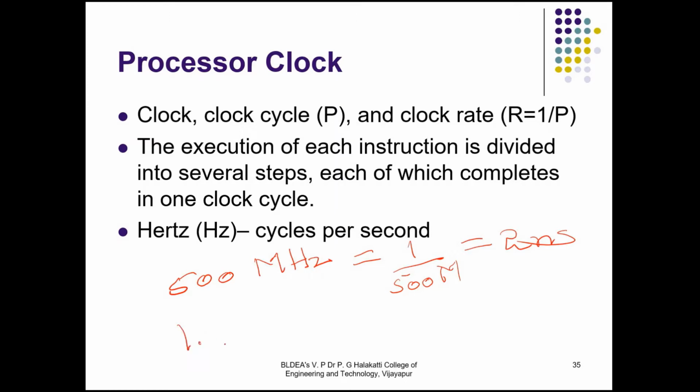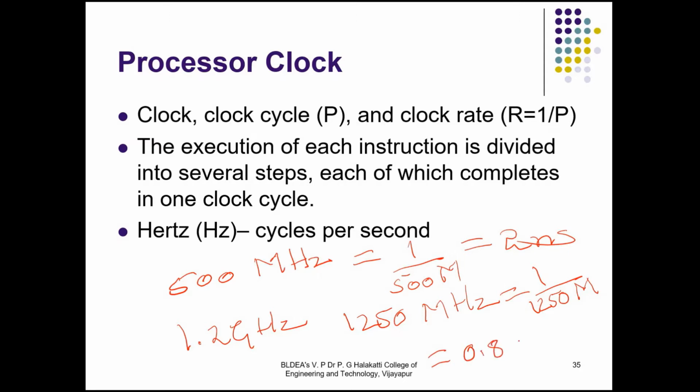And similarly for 1.25 gigahertz, or you can say 1250 million cycles per second, the clock period will be equal to 1 by 1250 mega, which is equal to 0.8 nanoseconds.